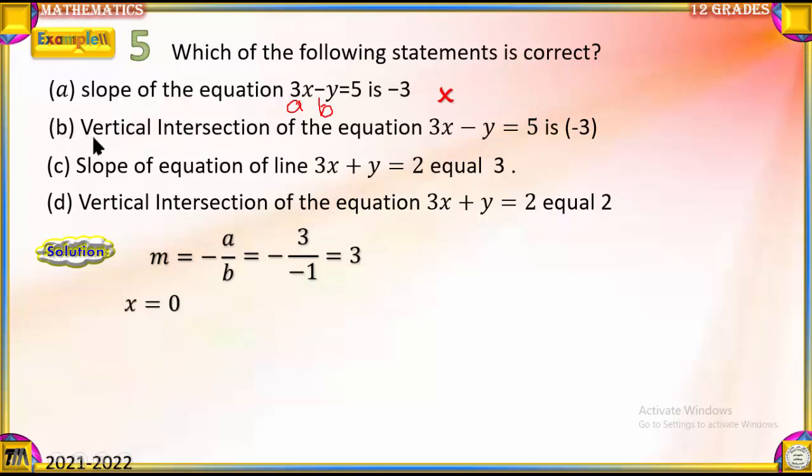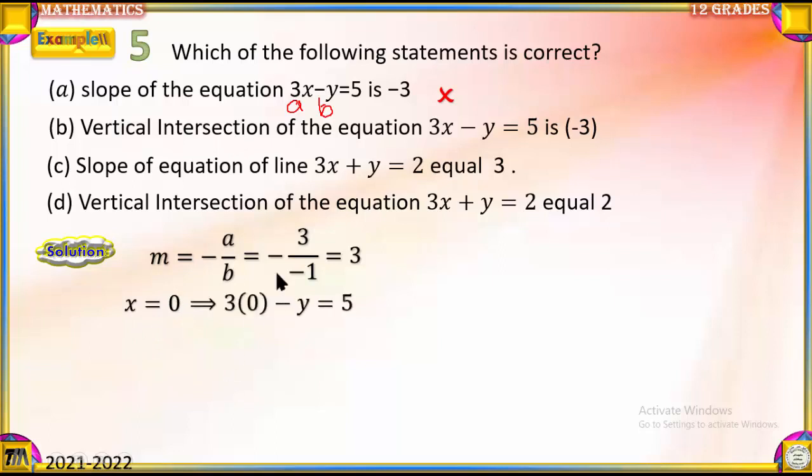B. The vertical intercept of the equation 3x minus y equals 5 is minus 3. To find the vertical intercept, replace x with 0.